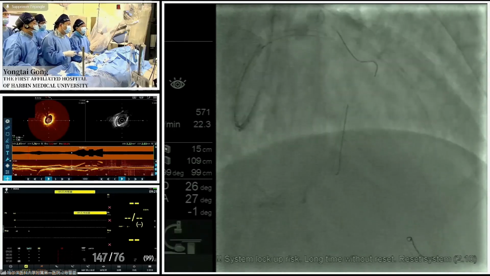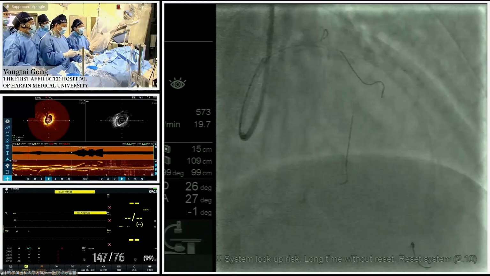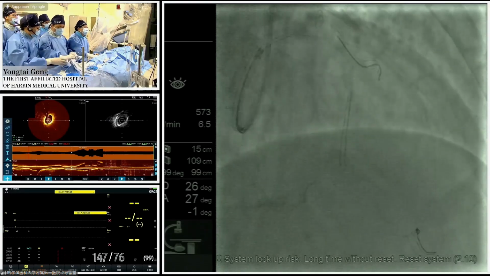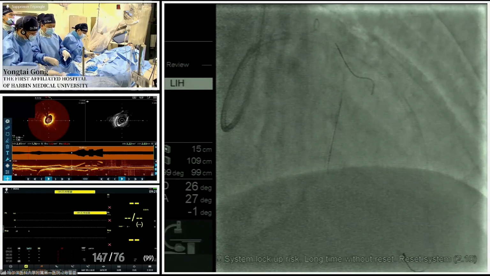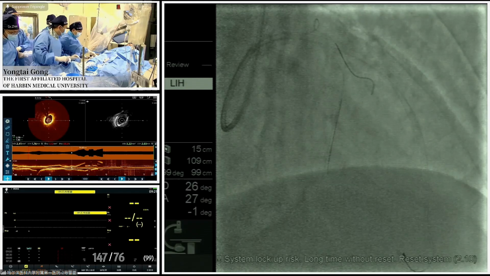Yes, the balloon is inflated at a pressure of 4 atm initially, and then pulses of mechanical energy are delivered to the calcified lesion at a frequency of 1 Hz. This energy interacts with the atherosclerotic plaque, causes vibration that cracks and fractures the calcium in the superficial and the deeper layers.